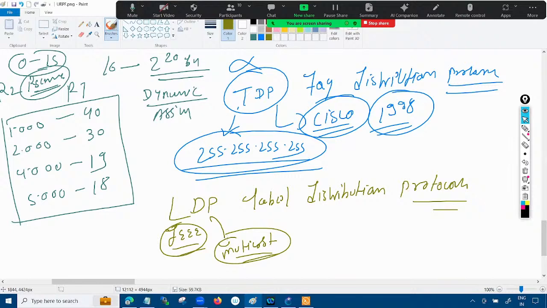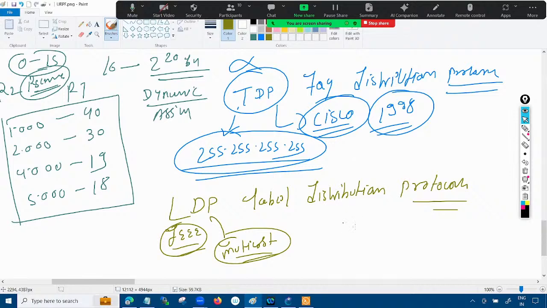Someone said that LDP copied all the information from TDP. Of course, TDP came into the picture first, then LDP. Maybe because many things, even the IEEE standard, they copied from Cisco, and many things Cisco copied from the IEEE standard. So it could happen. There's no big deal.